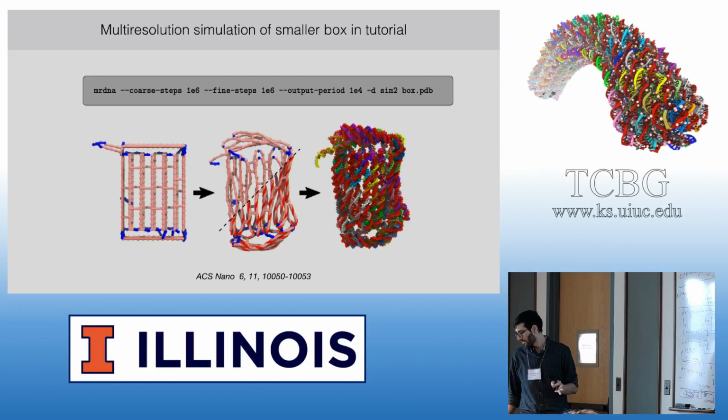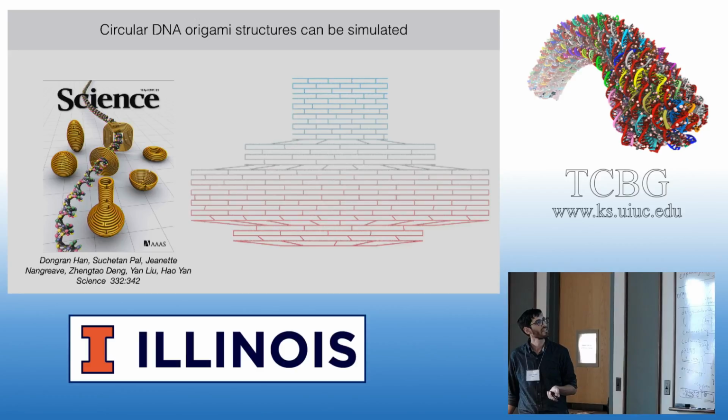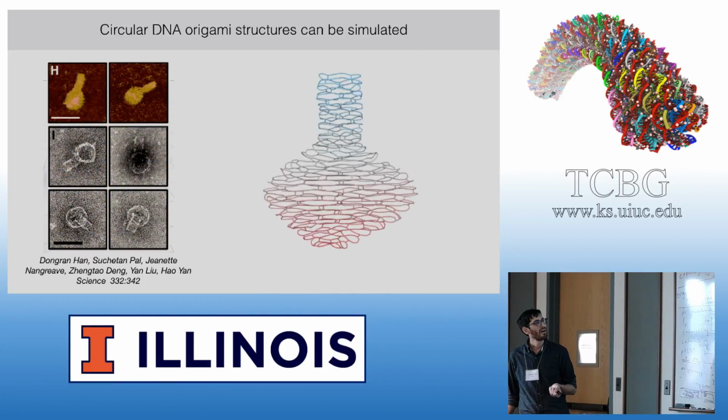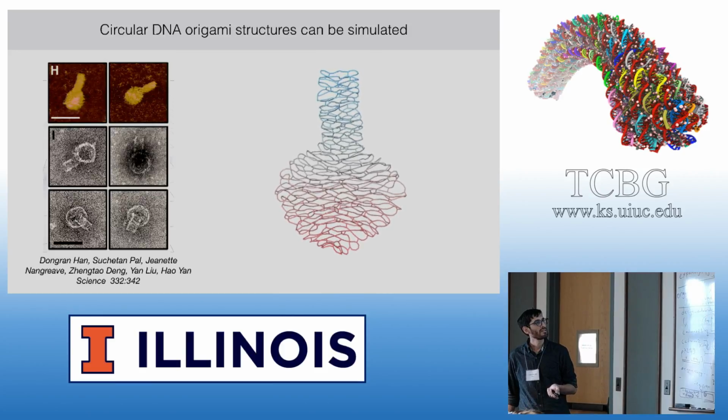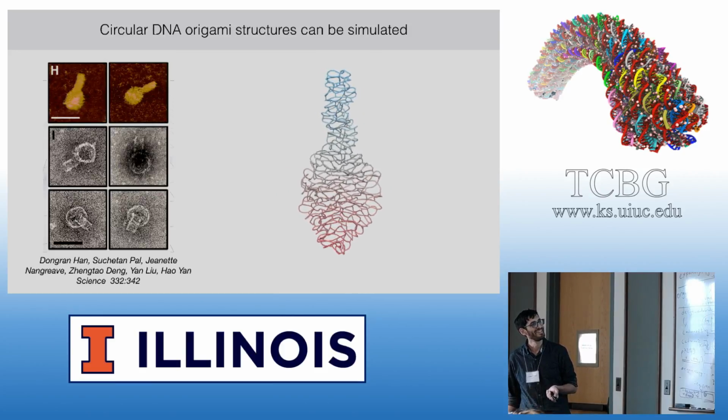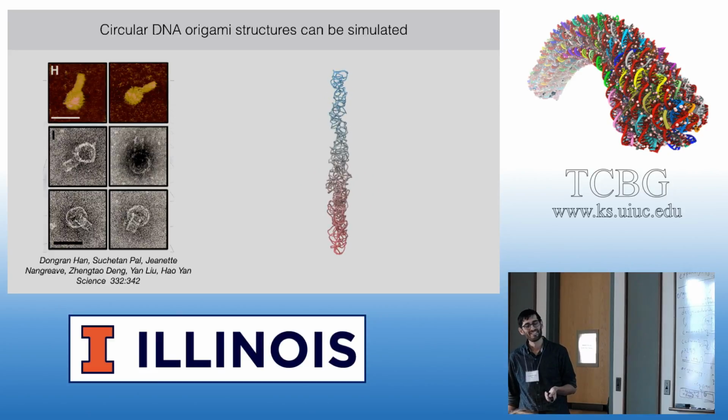So then the last example that we have is this circular DNA structure from Yan's group, which when you run through the mRDNA script, looks like it folds nicely. But if you turn this thing, well, it's not that nice.